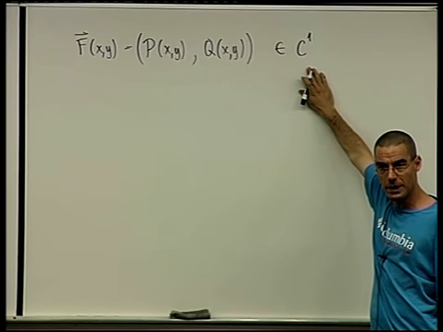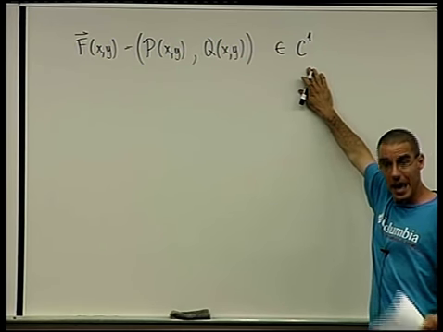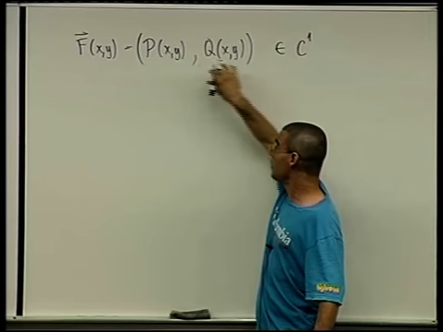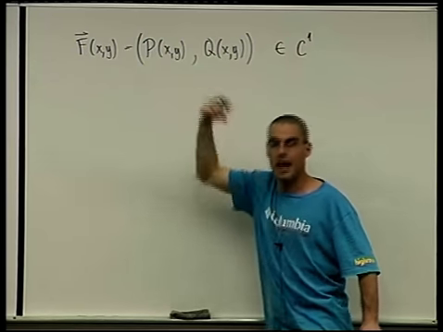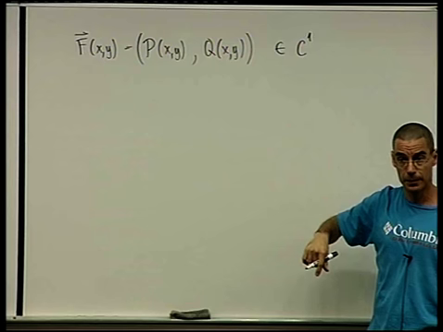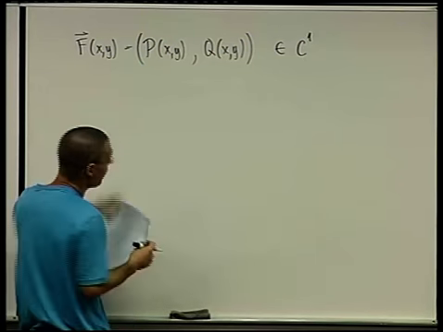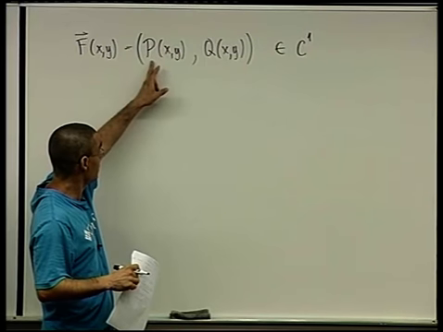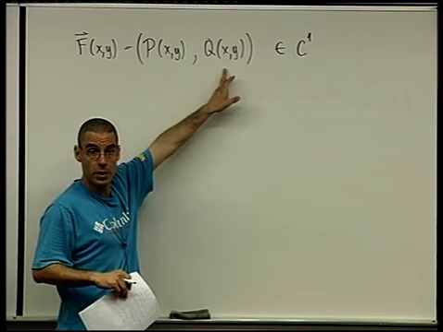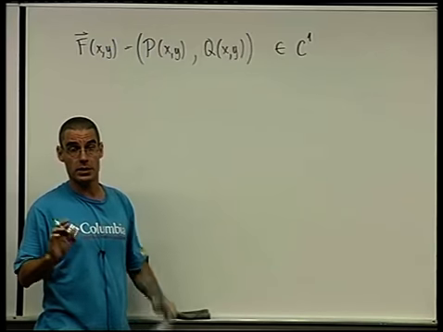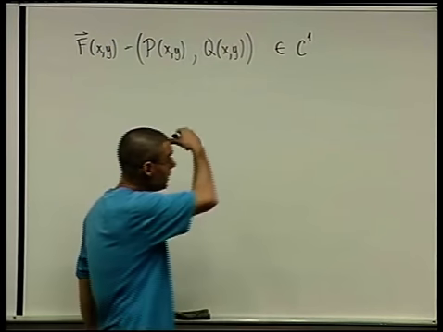Remember what C1 means? And that means for F, it means that both of the functions that are the components have continuous partial derivatives. So when we're discussing partial derivatives of F, there are 4 of them here. There are the 2 derivatives of P and the 2 derivatives of Q. And all of them we're assuming to be continuous. So that's what it means belonging to C1.